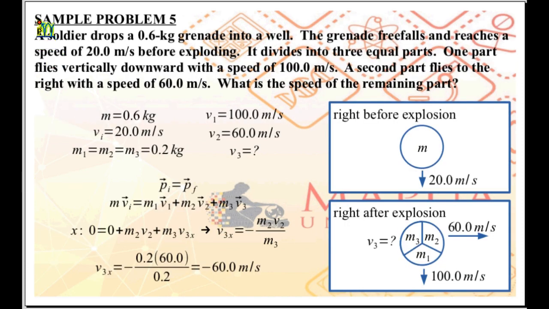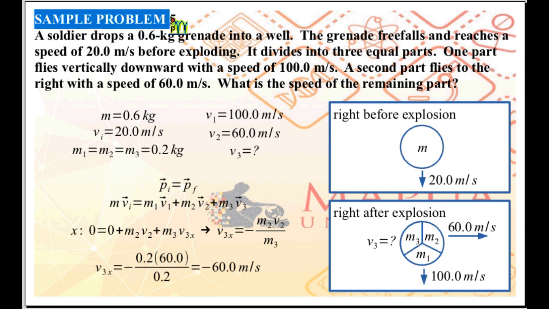So wrapping up our discussion on impulse and momentum, let's have one more example. We have sample problem number 5. A soldier drops a 0.6 kilogram grenade into a well. The grenade free falls and reaches a speed of 20 meters per second before exploding.